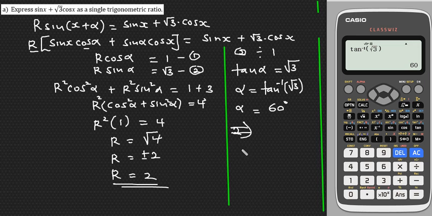You remove x in the answer, so you have just 2 sin(x plus 60). So this is the answer which we have got. It is now a single trigonometric ratio. From here we had sin x plus root 3 cos x.